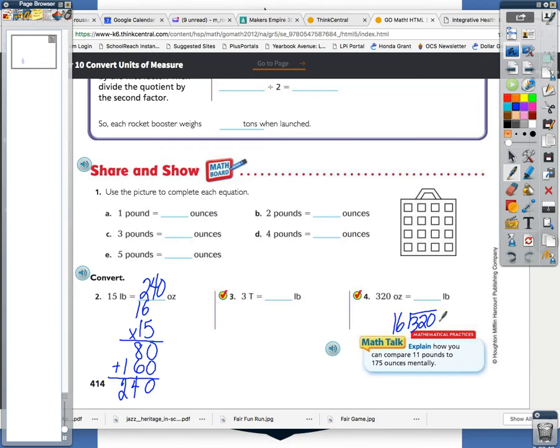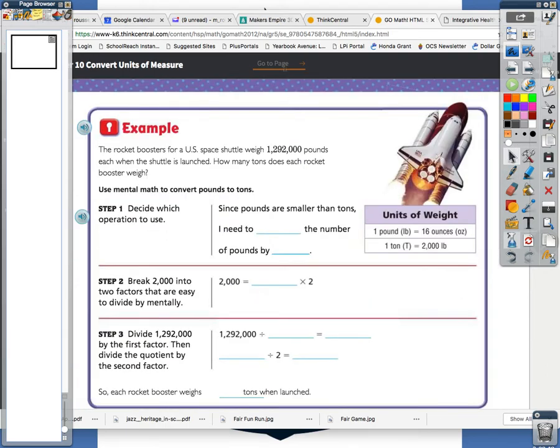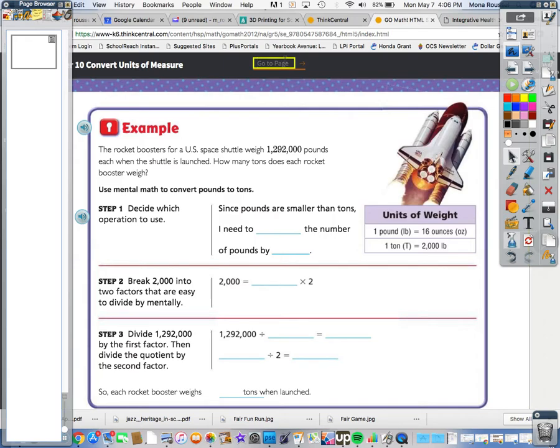So when we divide 320 by 16, you're going to get 20 as your quotient. So in 20 pounds, there are 320 ounces. We follow the same rules with units of weight.